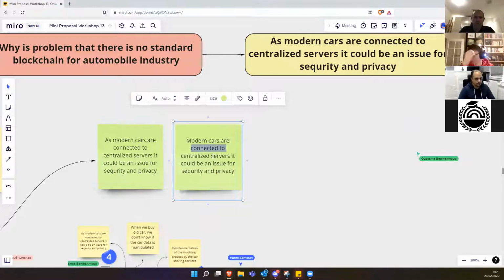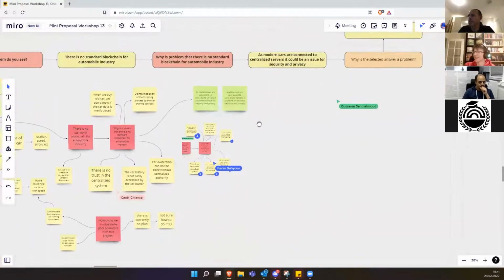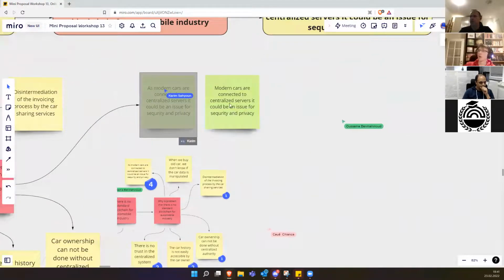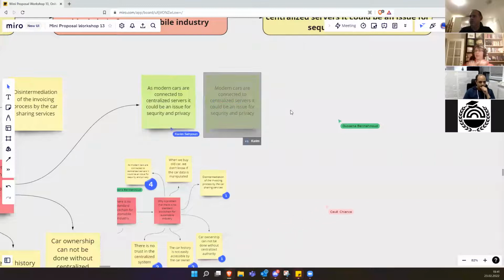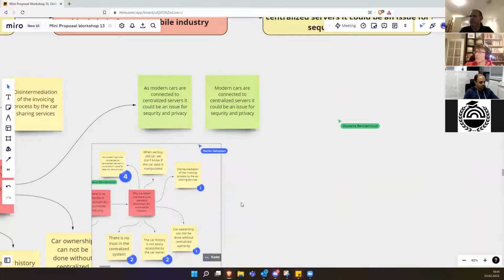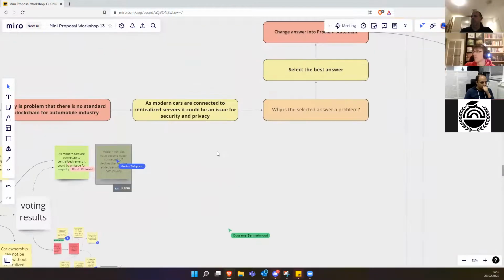Maybe you want to type it? Sure, let me do that. Good. I will change this on the right side, so people will see how it evolved. Okay, what do you think?